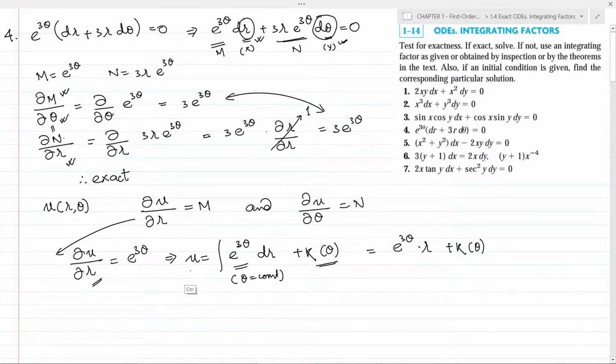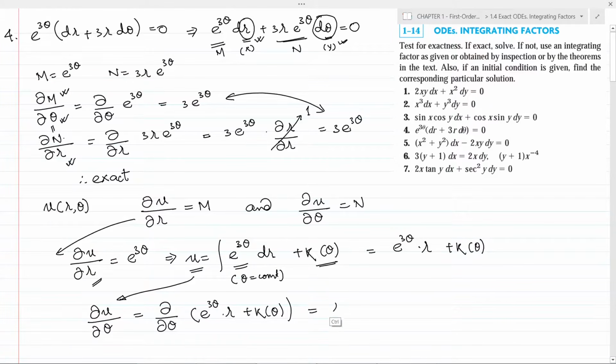So we have found a provisional value of u. Now we take the partial derivative of u with respect to the second variable, which is del u by del theta equal to del by del theta of e to the power 3 theta r plus k theta.